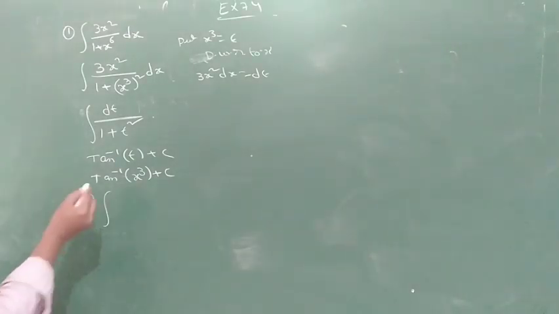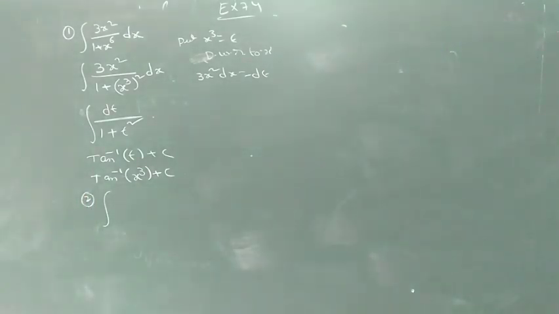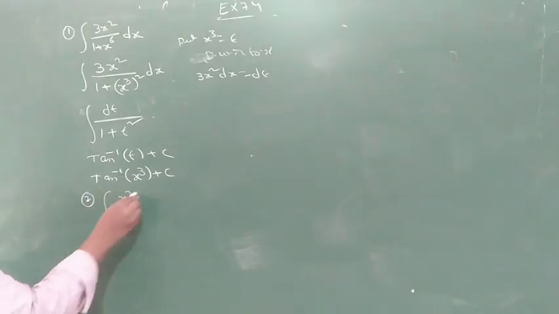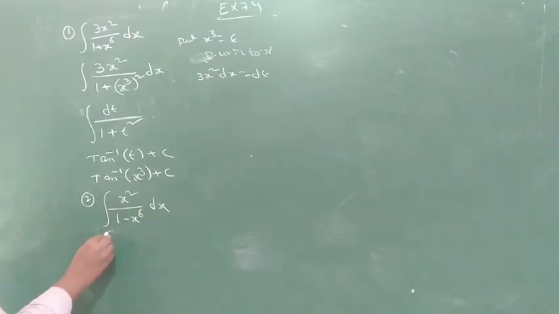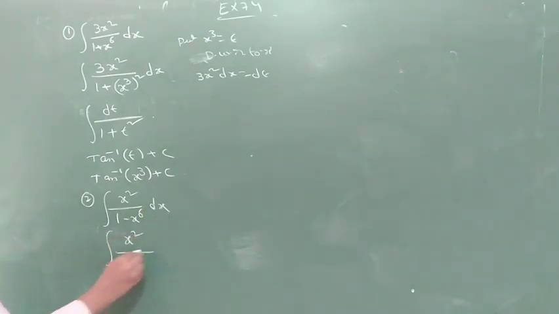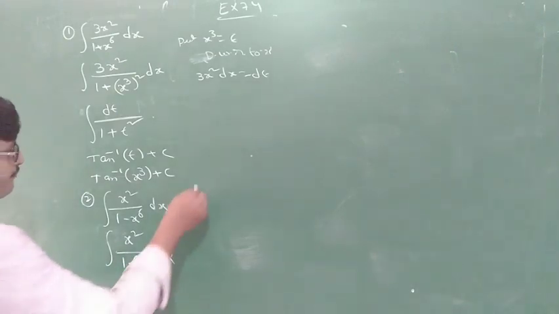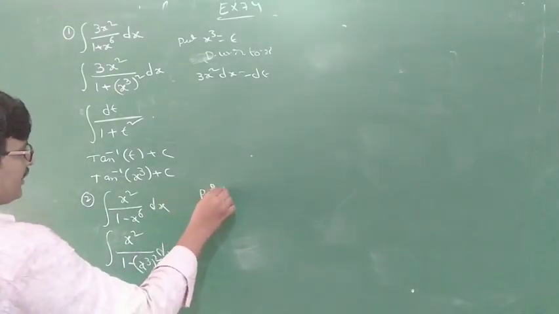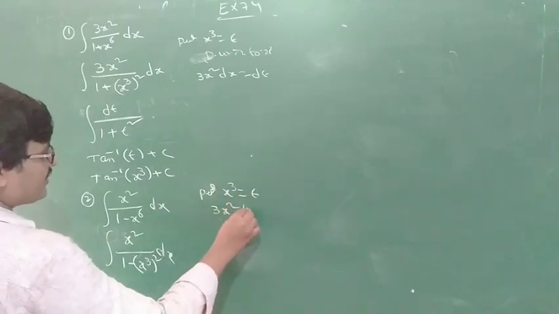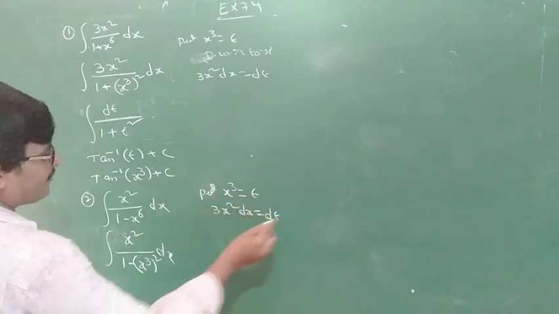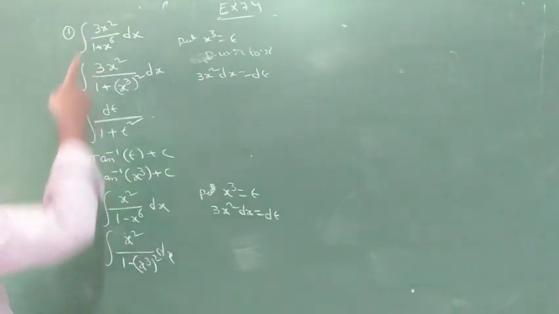Next, the second one. Integral x square by 1 minus x power 6 dx. Integral x square by 1 minus x cube whole square dx. So put x cube is equal to t, 3x square dx is equal to dt. Here not 3x square, only x square.